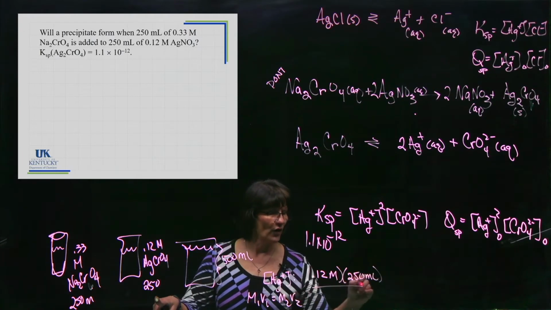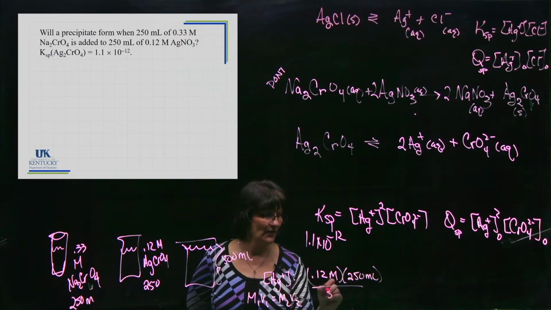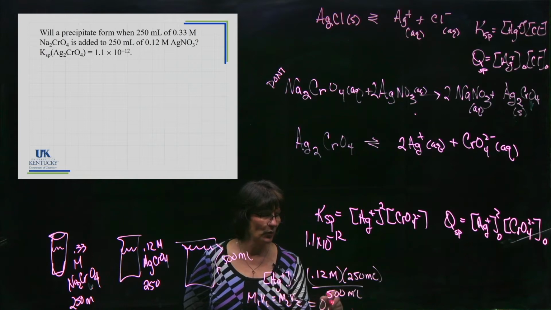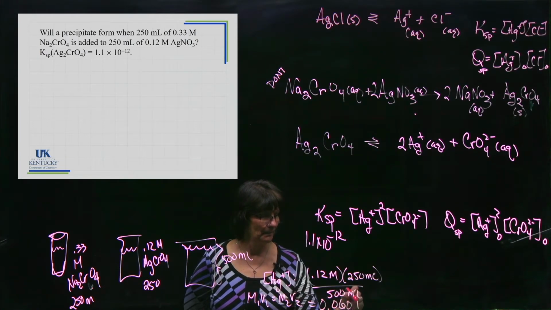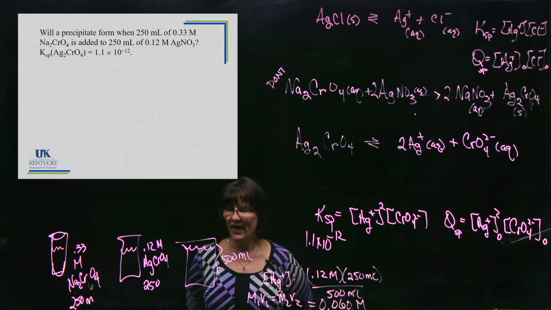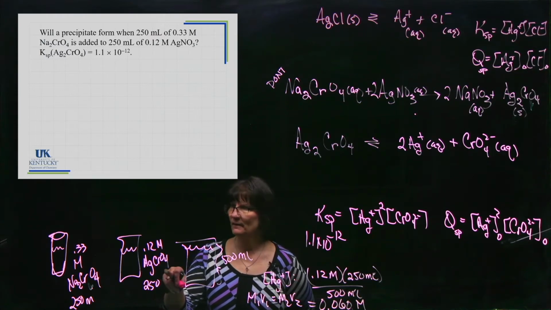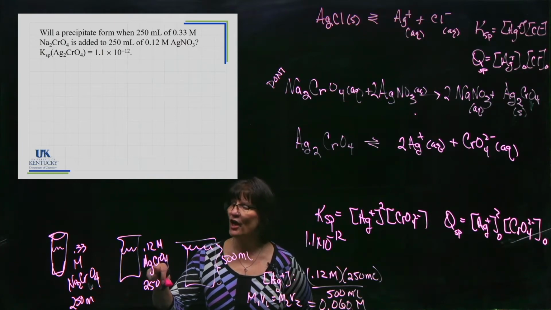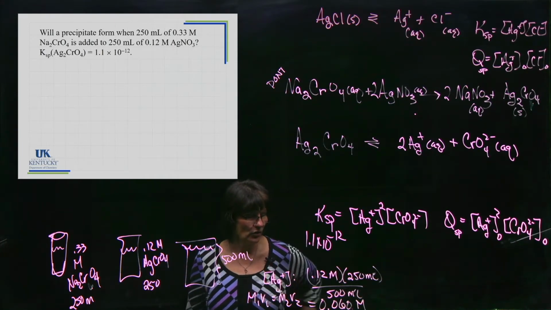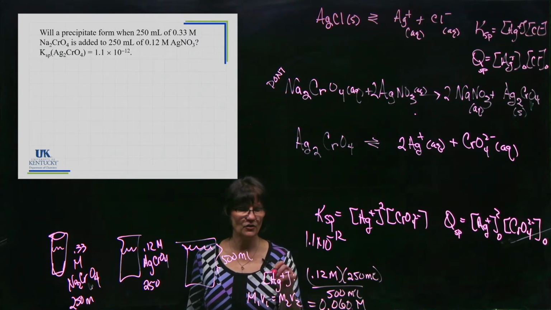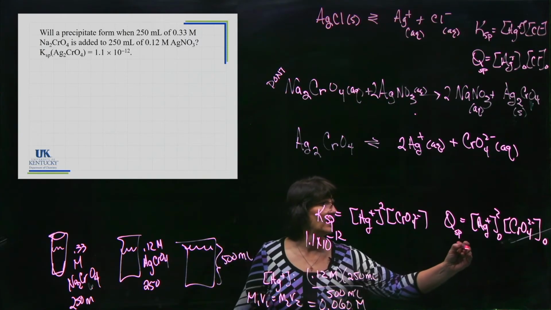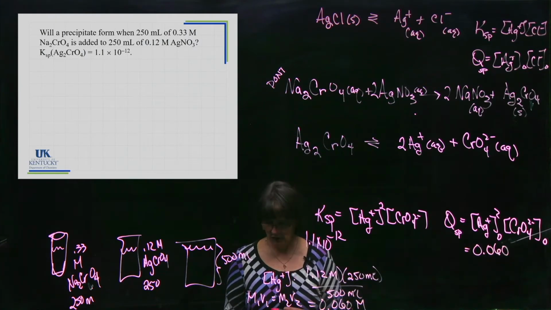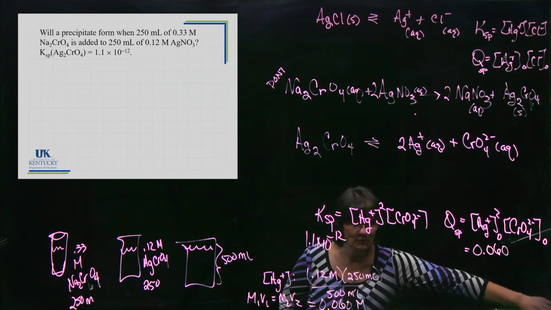The total volume after the 2 have come together is 500 milliliters. That's going to give me a concentration of 0.06 moles per liter. Now that's of silver chromate. Is the concentration of silver the same as the concentration of silver chromate? Yes, there's 1 silver in silver chromate. So that is going to be the concentration of the silver, and I can put that in over here, 0.060.